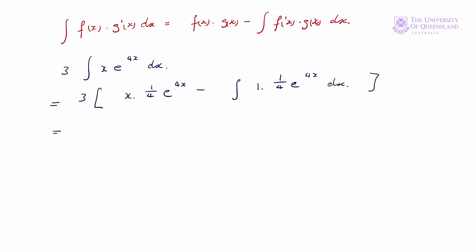It's equal to 3 times 1/4 x e to the 4x minus, we can take that quarter outside the integral, e to the 4x dx, close bracket.